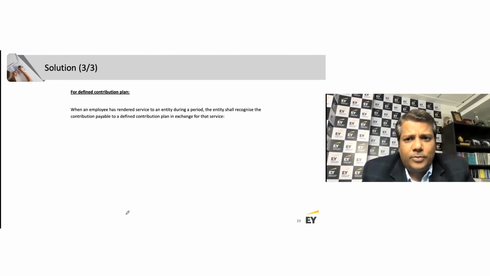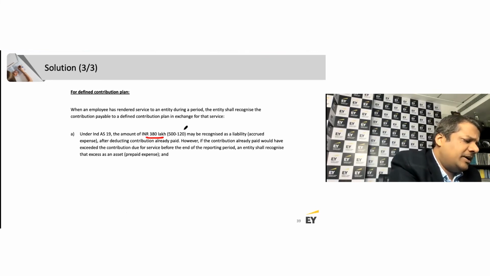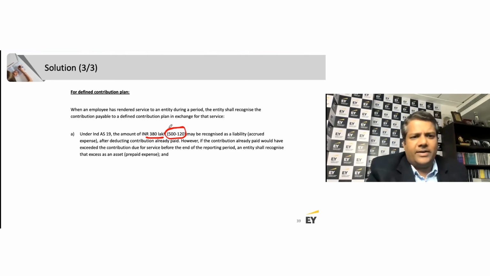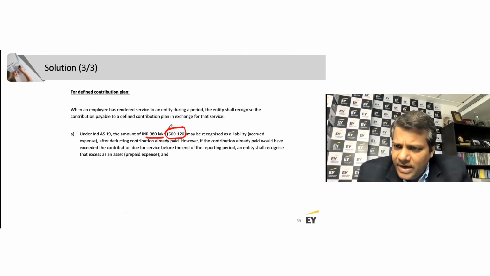The entity shall recognize the contribution payable to a defined contribution plan in exchange for service, and the amount of 380 lakh, which is the difference between what I am supposed to pay and what I have already paid, is recognized as a liability after deducting the contribution already paid. And 500 is an expense.